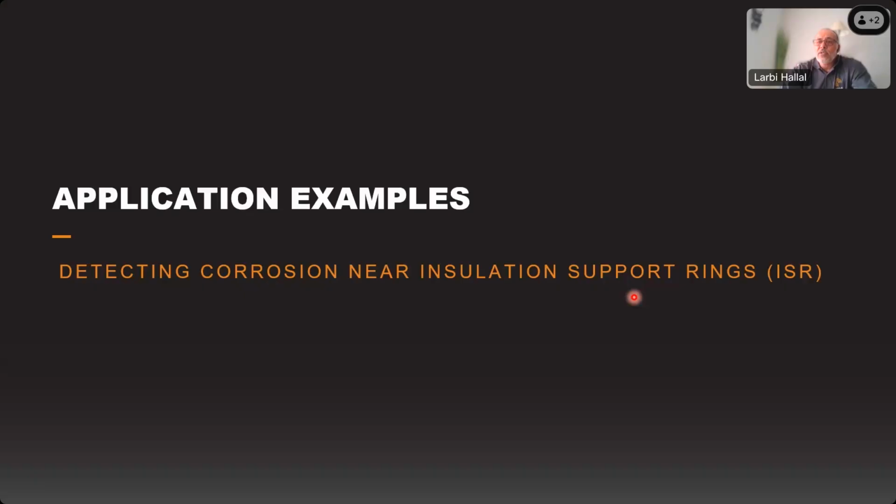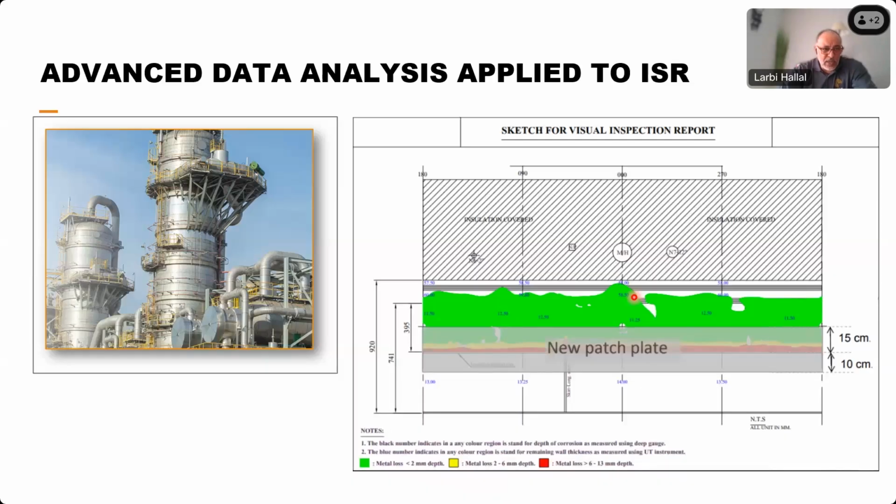The next illustration will be corrosion near insulation support rings, or what we call ISR. On some pressure vessels, you may have support rings just to support the insulation across the full height of the insulated pressure vessel. This is an illustration that you can see here.